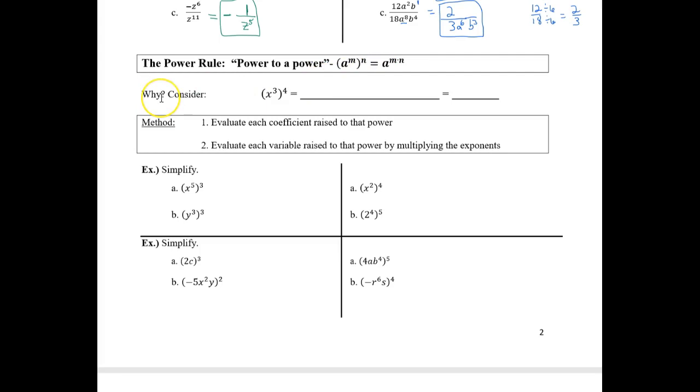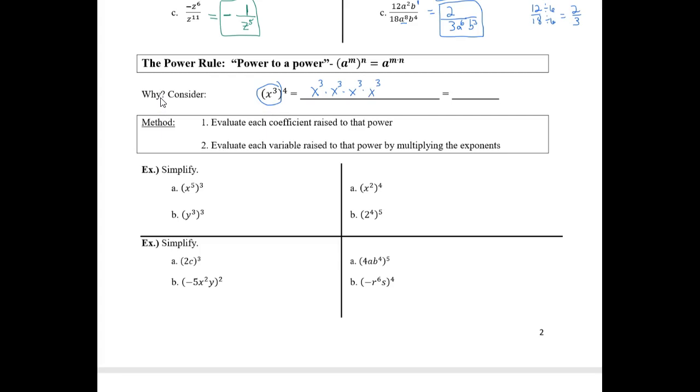Again, the question is why? So let's look at this example here. X cubed, that whole quantity to the fourth power. What does it mean to take this x cubed to the fourth power? It means I would take x cubed times itself 4 times. Everything in the parentheses times itself 4 times.